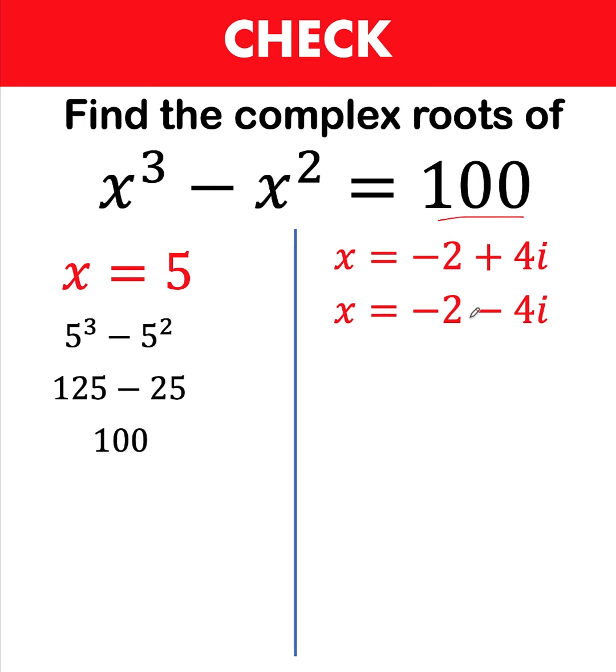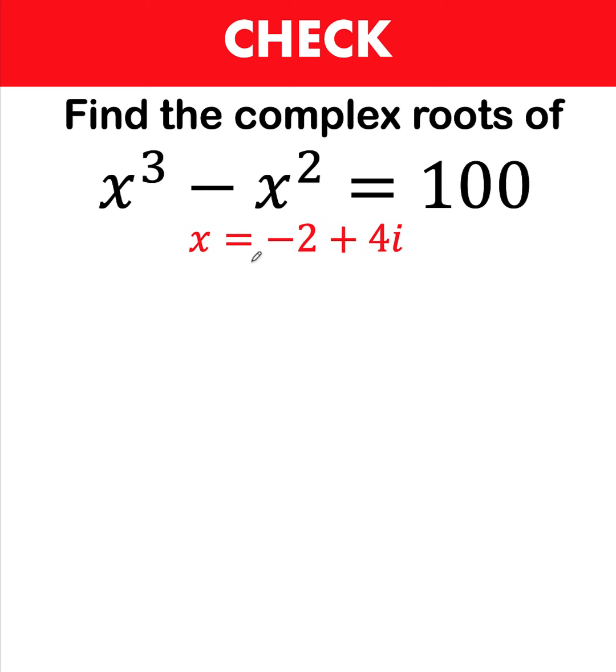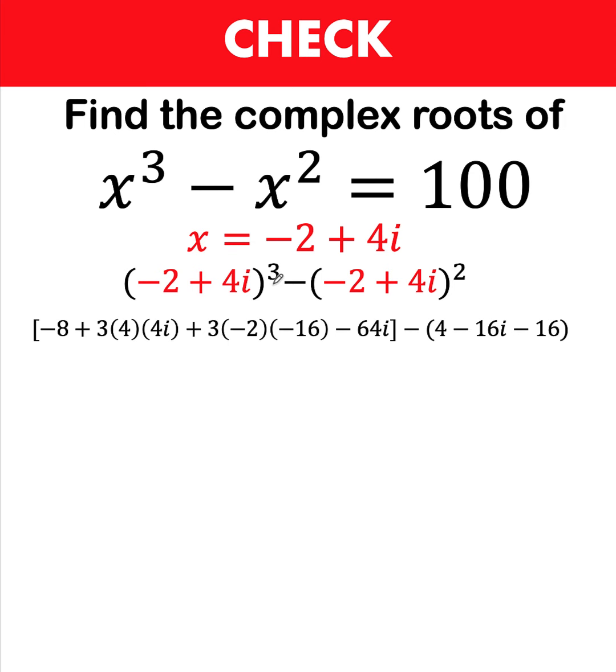Now checking for these complex roots is more tedious, but let's do that. So if x equals negative 2 plus 4i, we substitute that value to x. And the problem of this is we now have the cube of a binomial, which we can expand using the binomial theorem. So applying the binomial theorem of a cube of a binomial, here is the result.